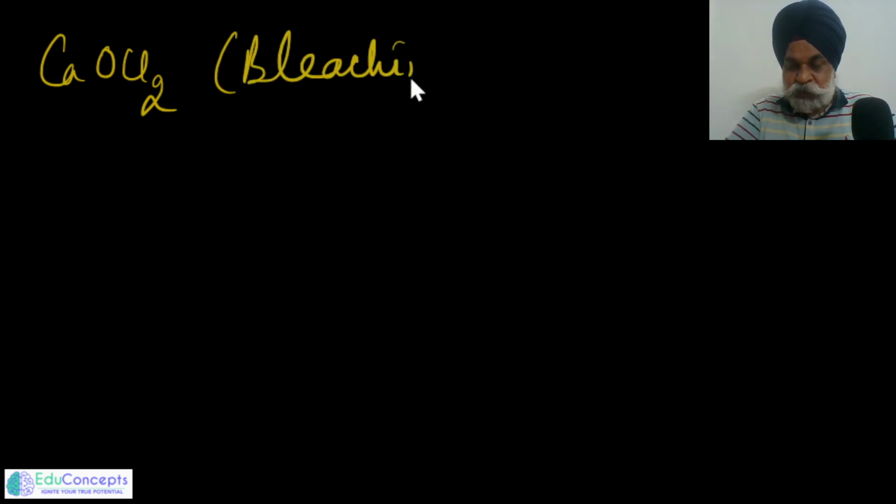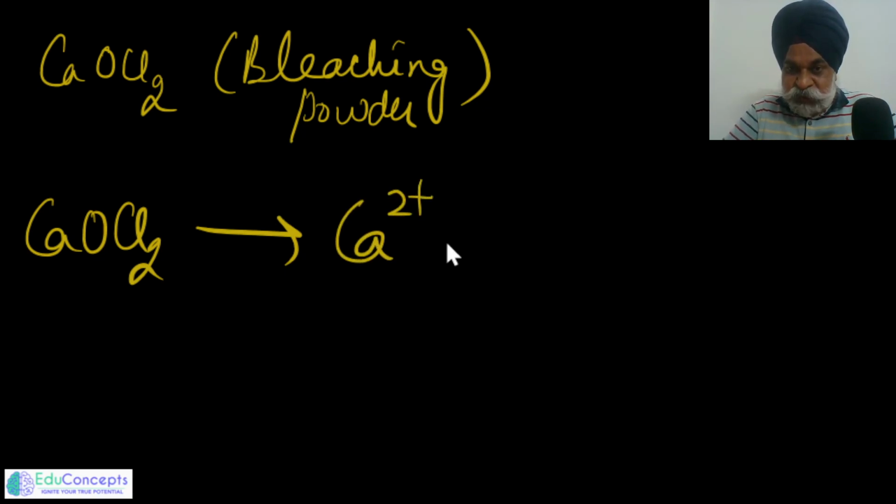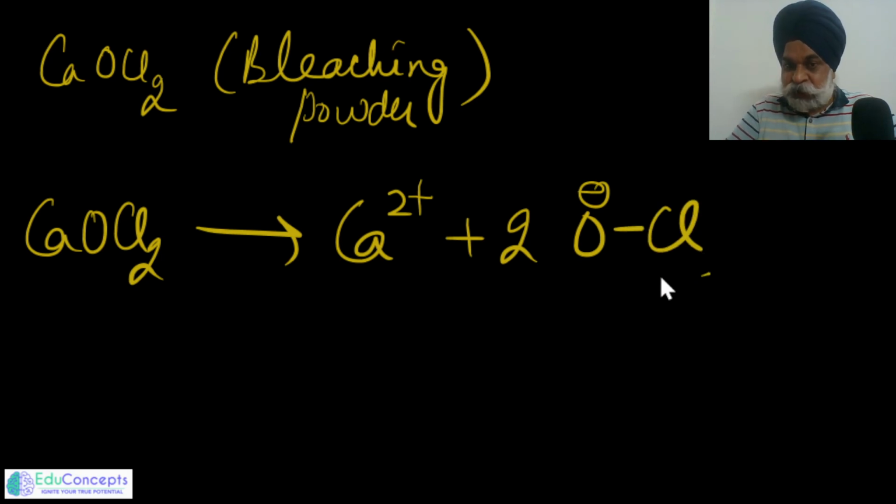Similarly, if I would go for this particular molecule, which we call bleaching powder, or calcium hypochlorite, this also is very interesting. If I would break it, some offbeat questions I will bring in the next practice session also. This is this particular species.